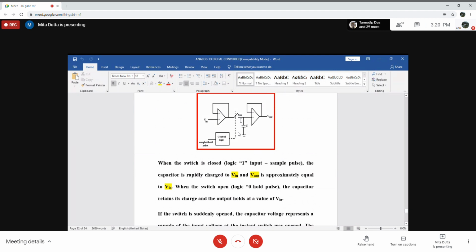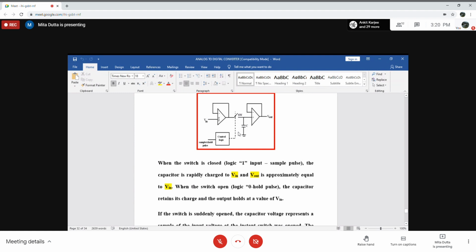When the switch is closed, the capacitor will charge up to the voltage equivalent to V in, and when the switch remains open, the capacitor has the capability of holding the charge and it will hold that voltage.